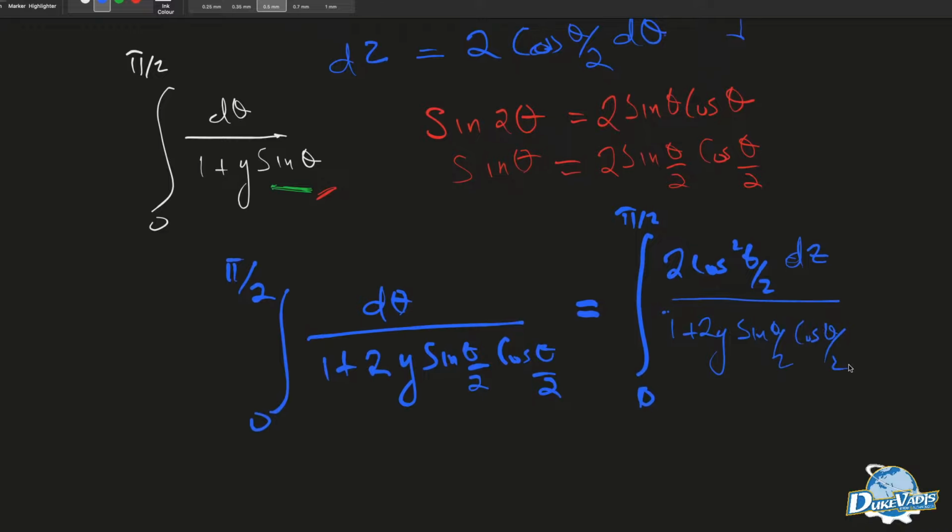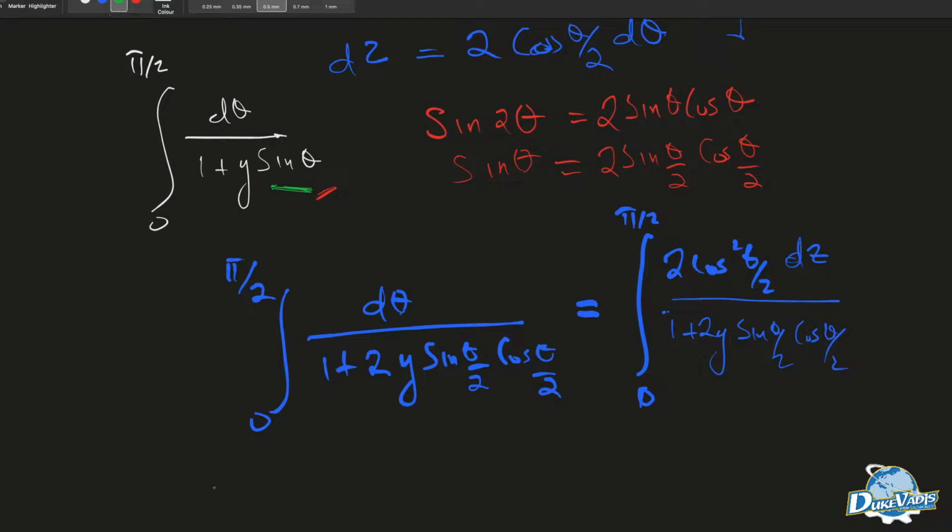We can break it further, since we have cos squared theta here and we have sine over here. So let's factorize cos squared theta out of our integration.